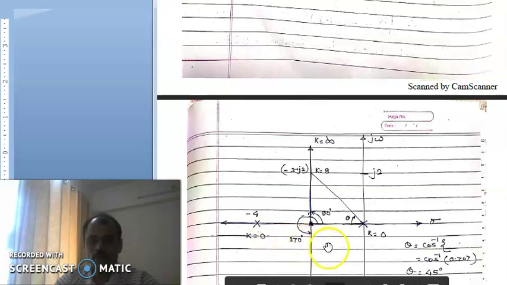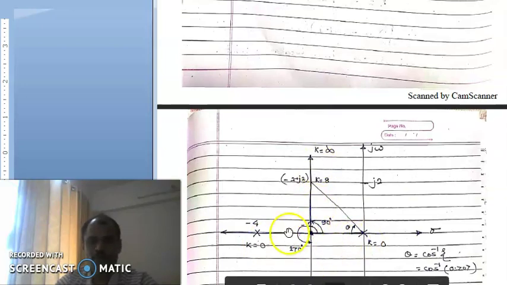Step number 2, they terminate at open loop zeros. If open loop zeros are not there, then the locus terminates at k equals infinity. And see here, there is no termination at open loop zeros as zeros are absent. The number of branches is 2.